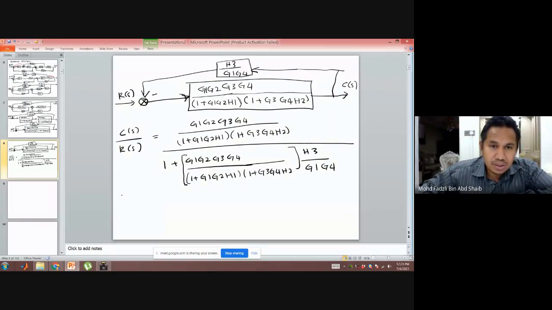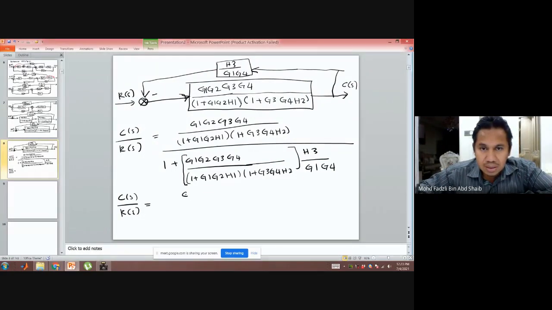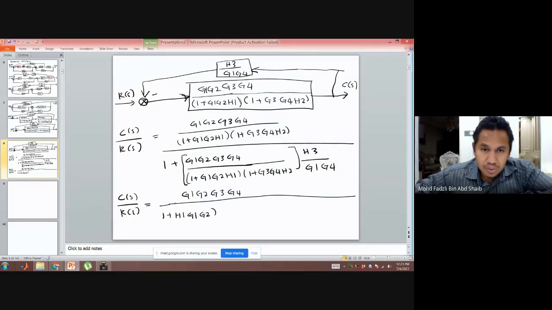answer, okay? So CS over RS equals G1, G2, G3, G4 over 1 plus H1, G1, G2, 1 plus H2, G3, G4 plus G2, G3, H3.